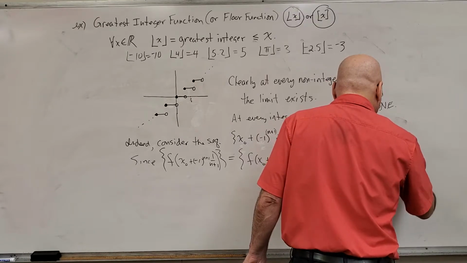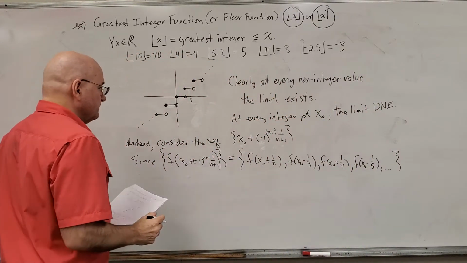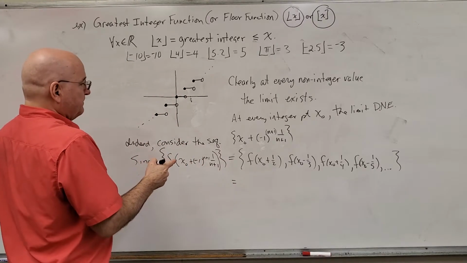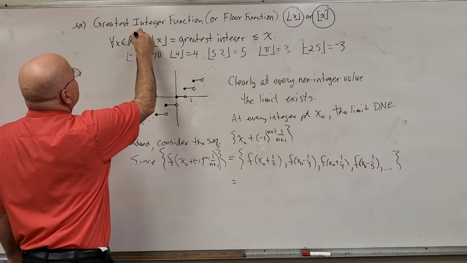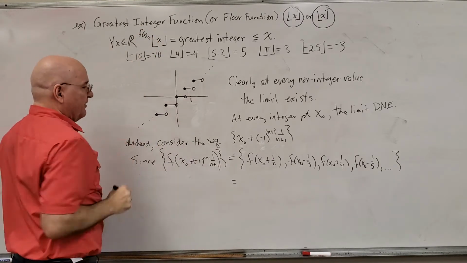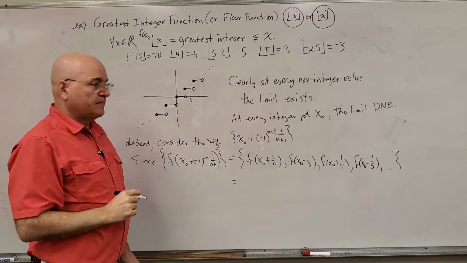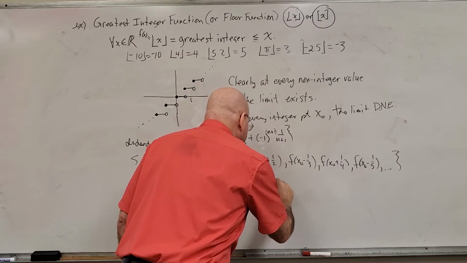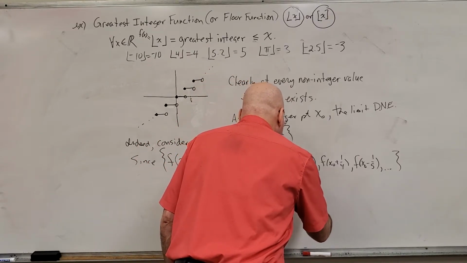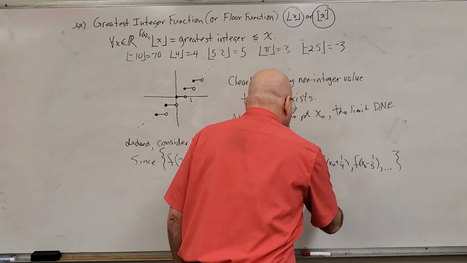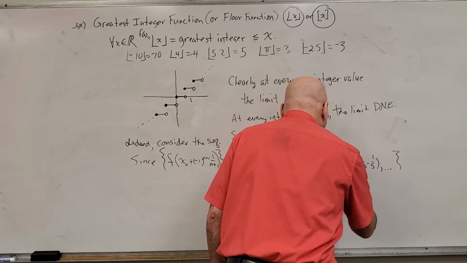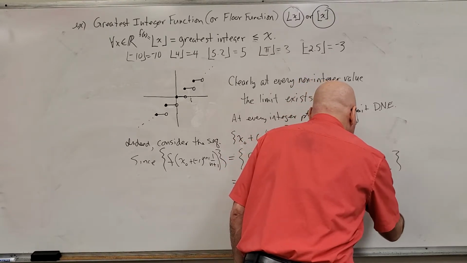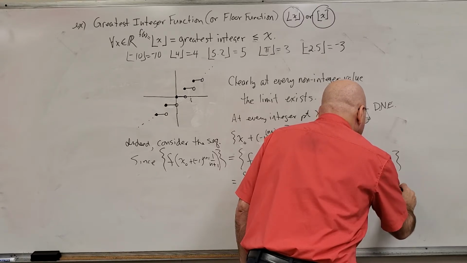And that pattern continues. And we're dealing with the floor function, so my f of x is the floor of x. That gives us the sequence: the floor of x0 plus 1/2, x0 minus 1/3, x0 plus 1/4, x0 minus 1/5, and so on.